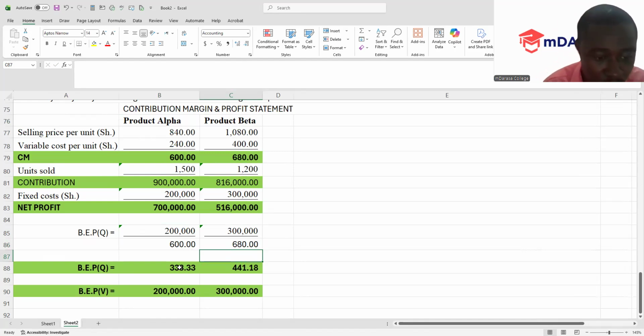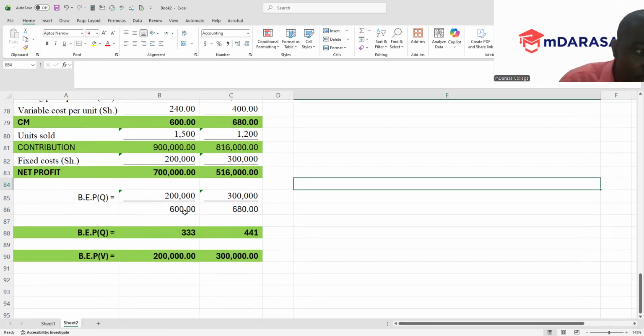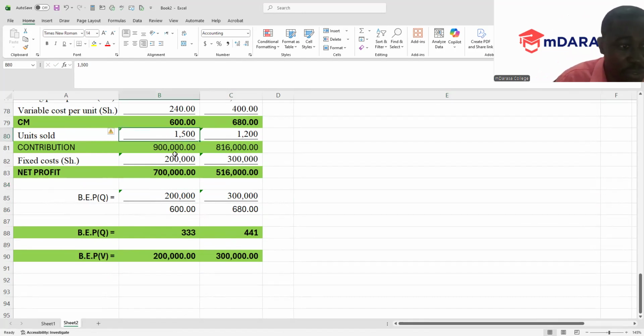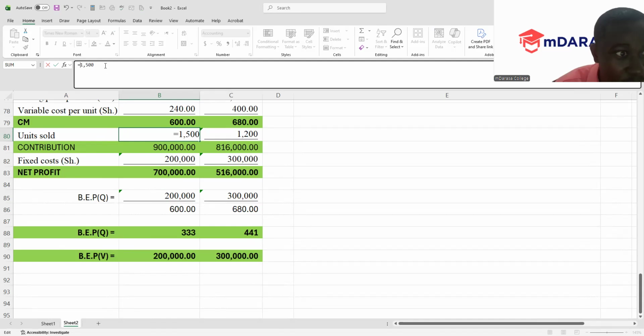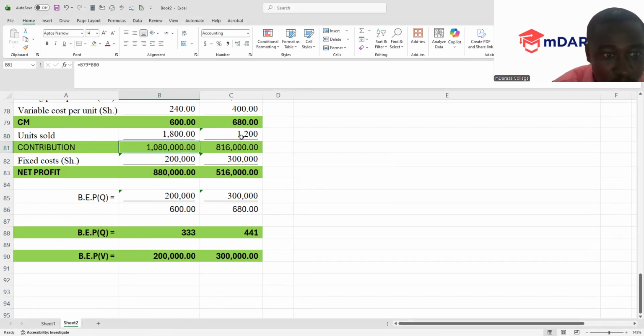So eventually, we'll agree that in value, these are what we'll be having, of course, in both cases as well. So for units, we cannot have units in fraction. Remember, if we are to determine our profit, if we are asked, we will affect it by 1.2, of course.